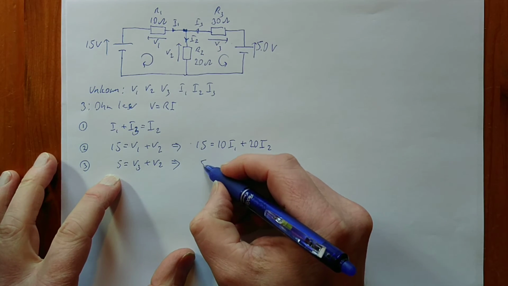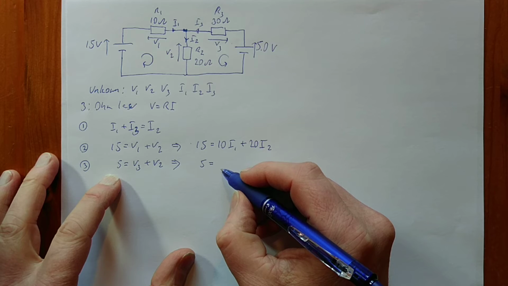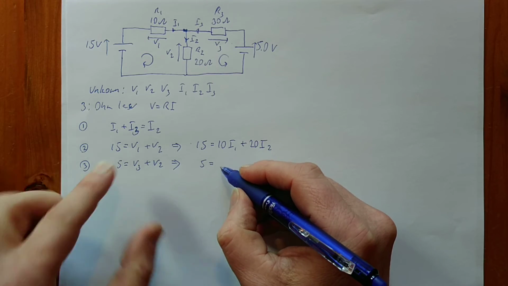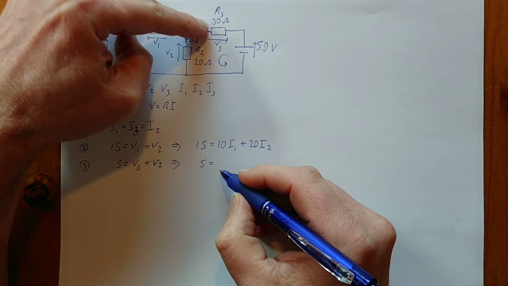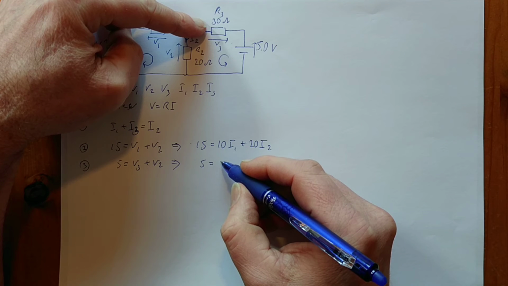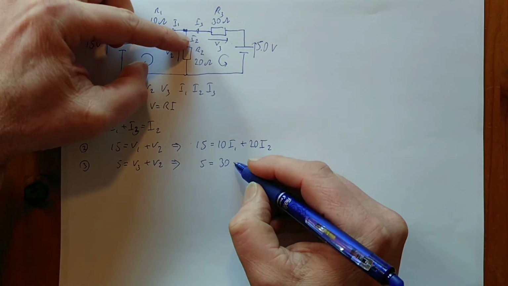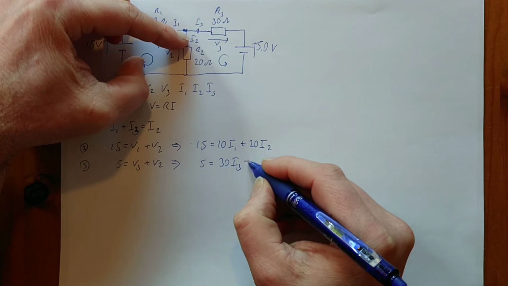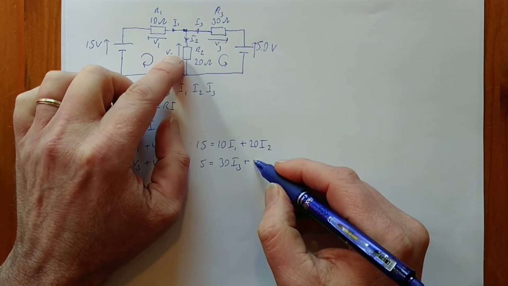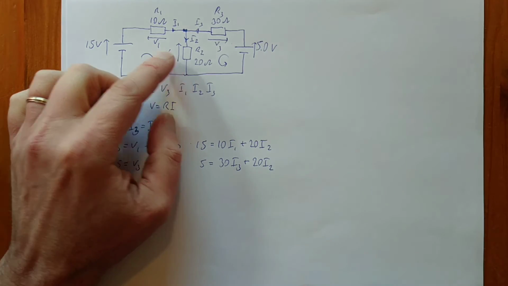And the same thing we can write here: 5 equals this one, which would be 30 times I3, plus 20 times I2.